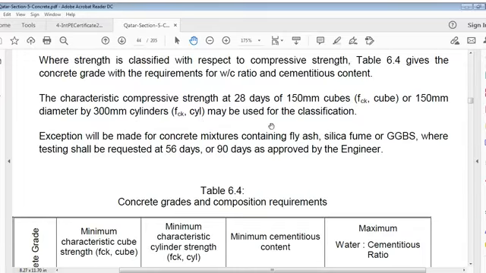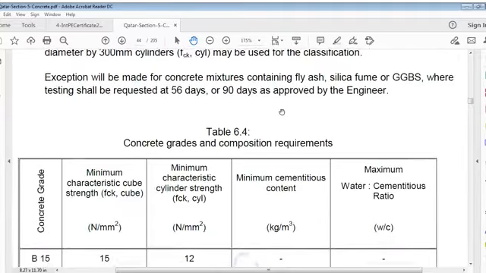The cylinder may be used for classification. Exception is made for concrete mixtures containing fly ash, silica fume, or GGBS, where testing may be requested at 56 days or 90 days for approval by engineer, because these are low heat cements. It takes time for final strength.